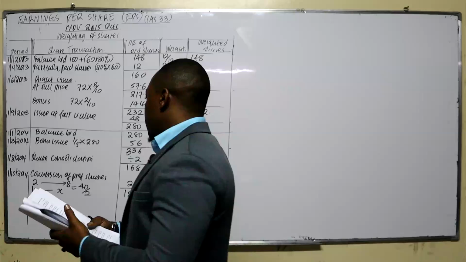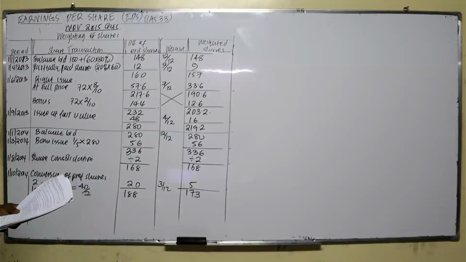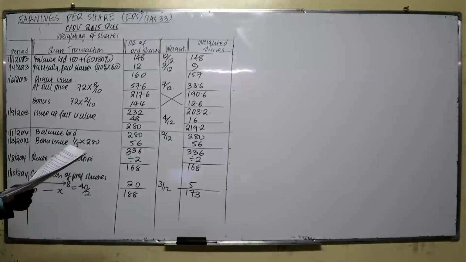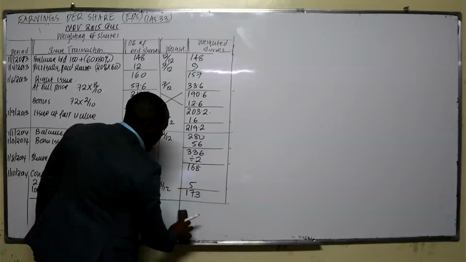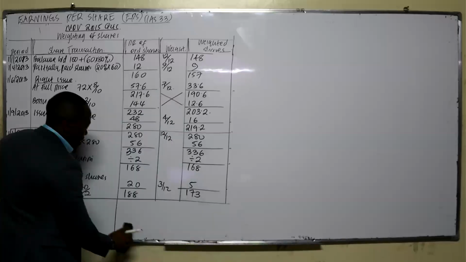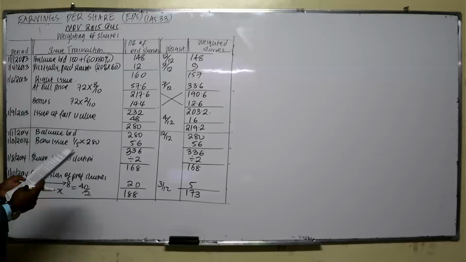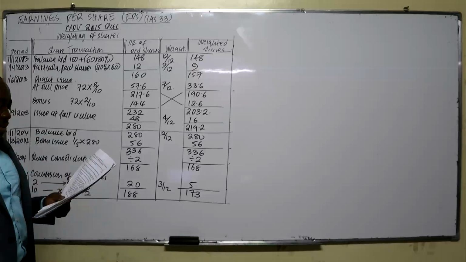Good. Number 7. The company made a net profit after tax of 225.75 million in the year ended 31st of December 2013, and 262.6 million in the year ended 31st of December 2014. Required: basic earnings per share for each of the 2 years ended 31st of December 2013 and 2014.